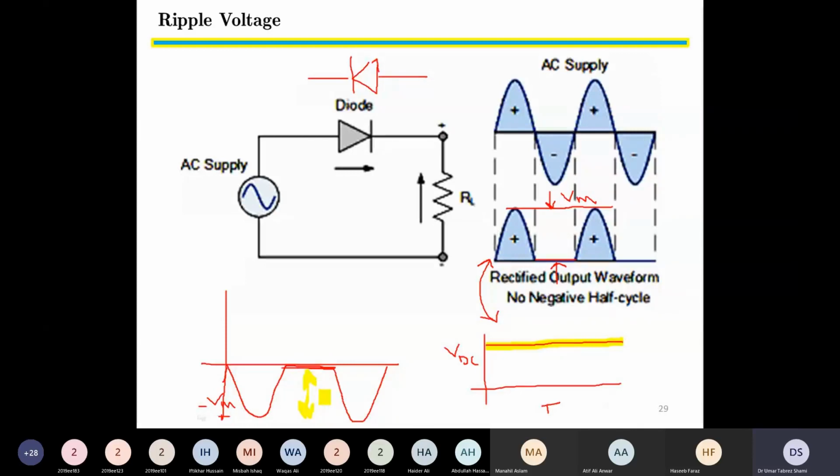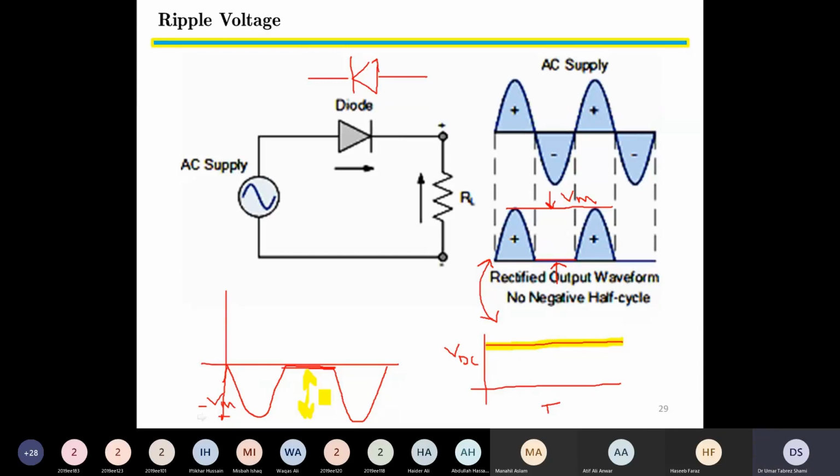So it does not matter if we use the diode to rectify the positive half cycle, or if we use the diode to rectify the negative half cycle. In both cases, we will get ripple voltages. And the only solution at this stage to reduce the ripple is connecting a capacitor in parallel with the load. This was the performance while using a single diode.